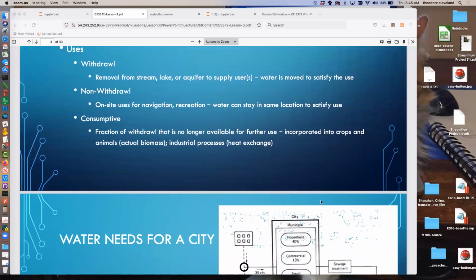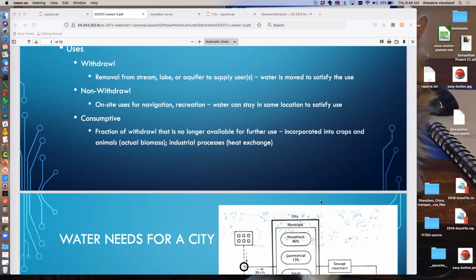And then the next category is consumptive use. That's kind of a funny classification. So that's the portion of the withdrawal that doesn't get available for further use, at least in the near future. So if we take water out of Lake Allen Henry and we put it into my tomato plants in the backyard and we make a tomato with it, that tomato contains water that came from Lake Allen Henry.